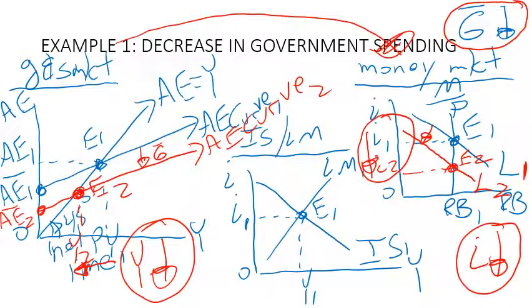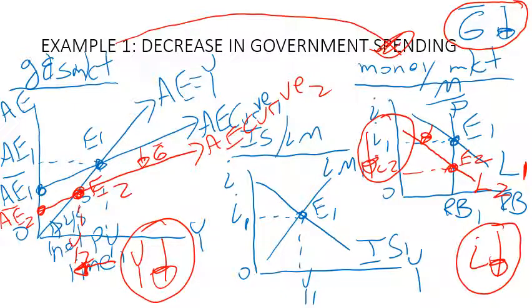Now, these 2 conclusions will be summarized by the ISLM model, by the ISLM diagram. All right? So whatever I do, it has to have evident the conclusions that GDP has fallen and the interest rate has also fallen.